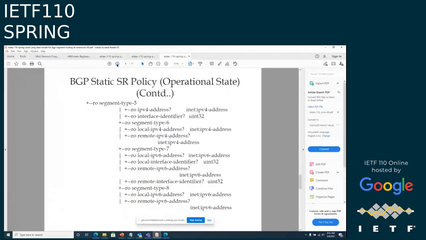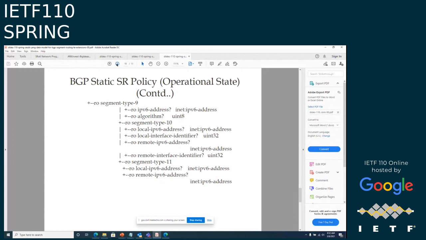We can move to the next slide. Yeah, so since the SR forwarding path could be either MPLS or SRv6 or IPv4 nodes itself, this particular draft defines all the relevant segment types, and this is a continuation of the earlier slide. So we can move to the next slide. Yeah, this is also a continuation of the earlier slide. We can move to the next slide.